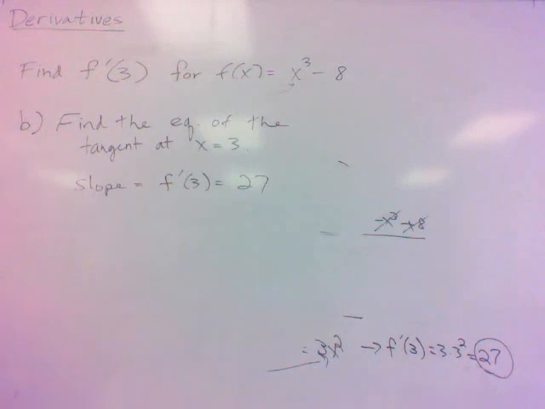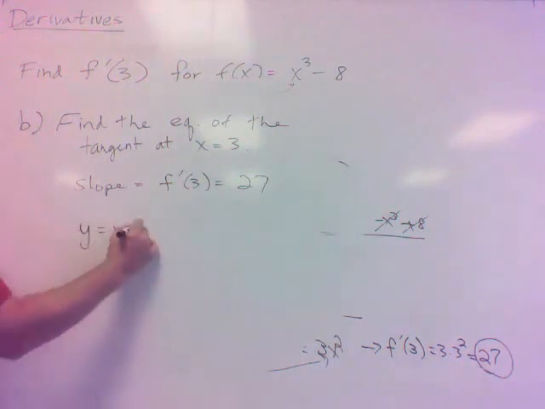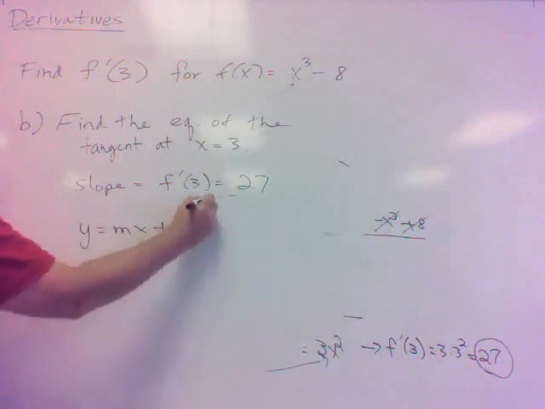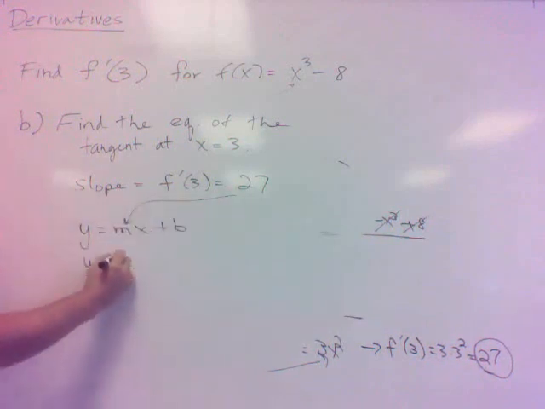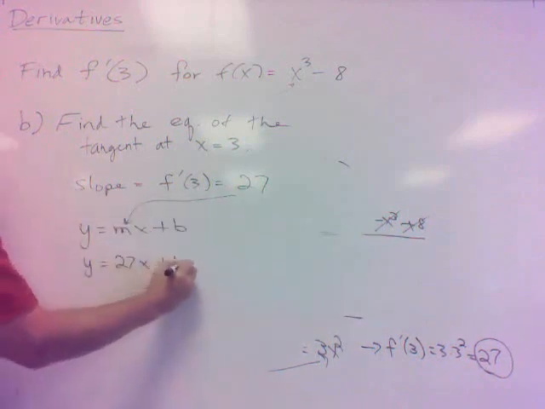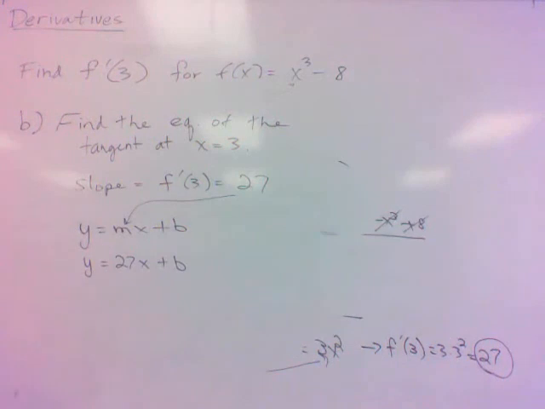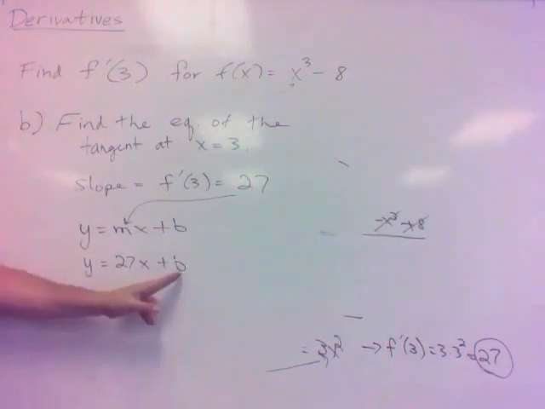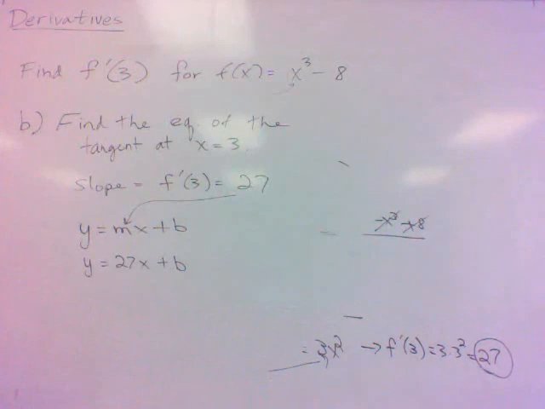Then the tangent line, y equals mx plus b, or however you want to write it. I now know m is 27, so 27x plus b. If I do it this way, I still need to find b. How am I going to find b? Well, I've got an x value. I know x is 3.